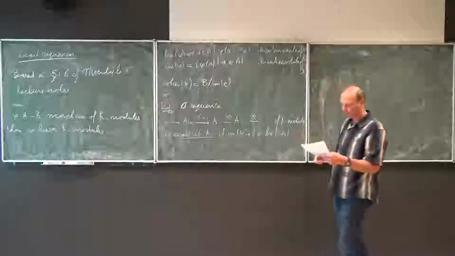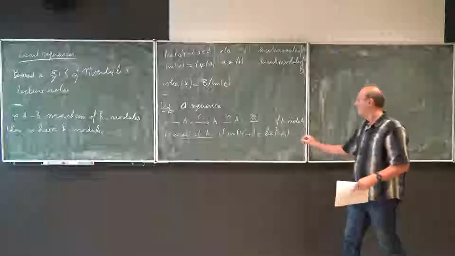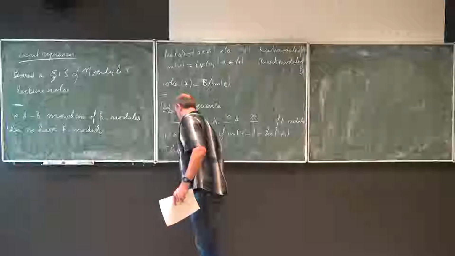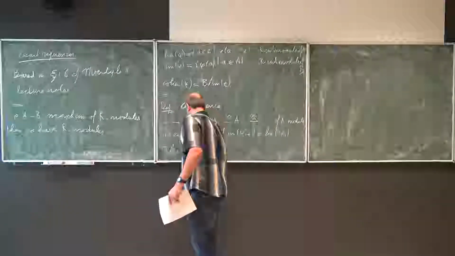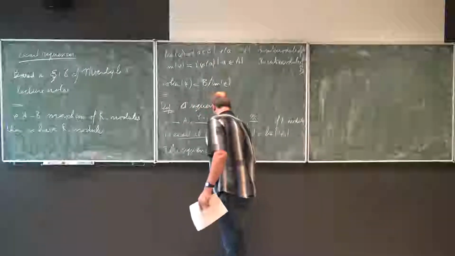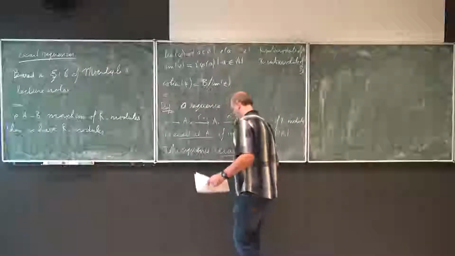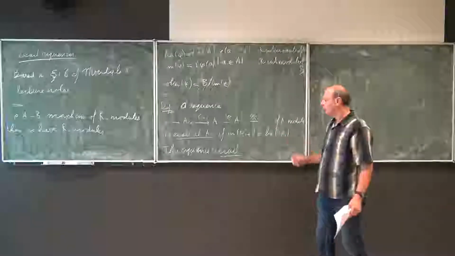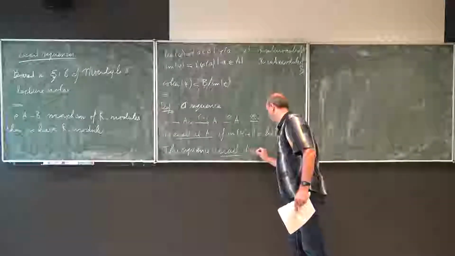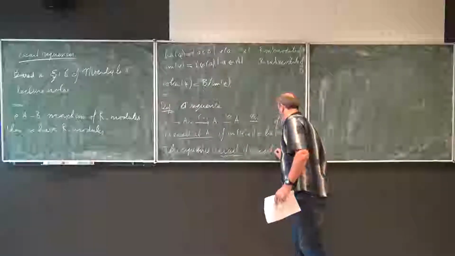It's again a submodule of A_i. So they should be the same. And the whole sequence is called exact if it is exact at all the places, so if it is exact at all A_i.